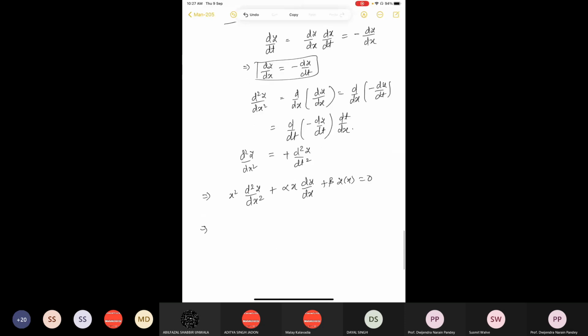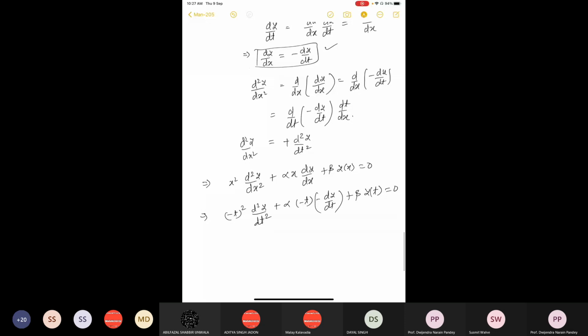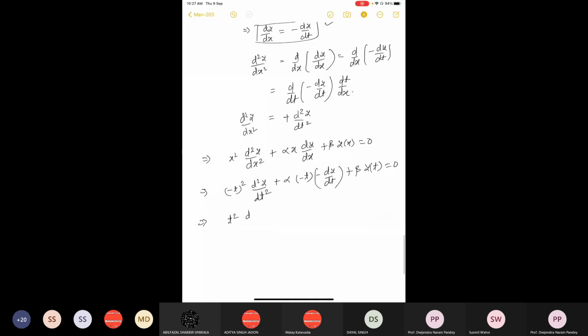So it is simply minus t whole square d2y by dx square is equal to d2y by dt square plus alpha x is minus t and dy by dx is equal to minus dy by dt plus beta y of t is equal to 0. So I can write this as t square d2y by dt square plus alpha t dy by dt plus beta y of t is equal to 0.